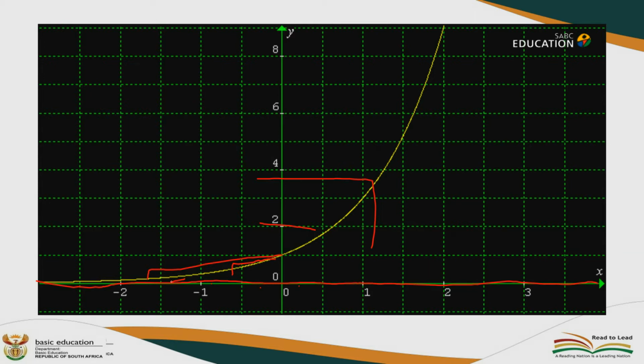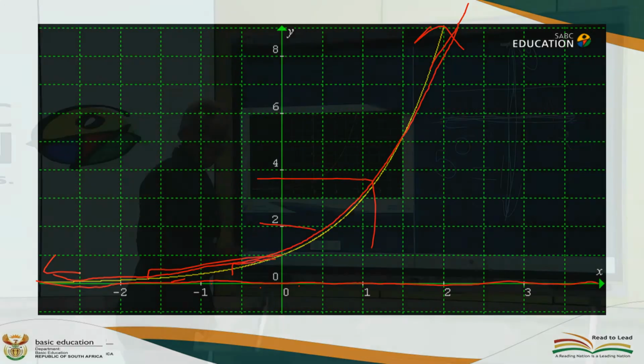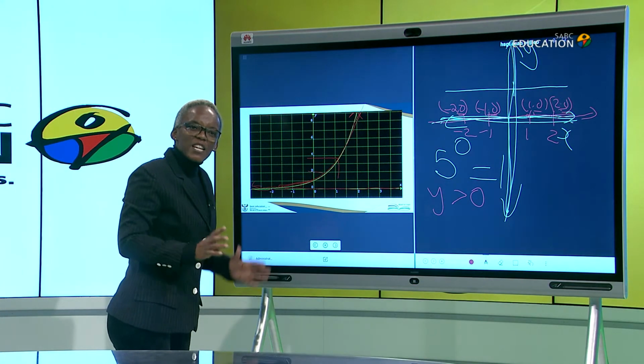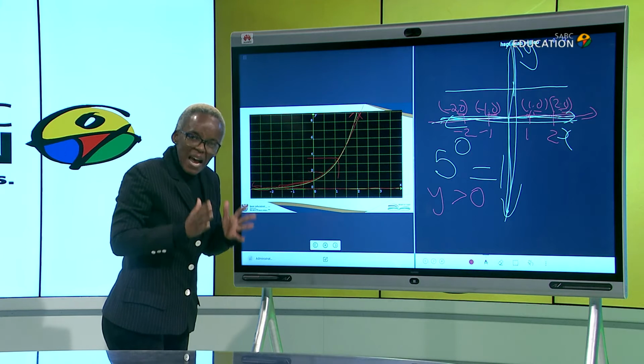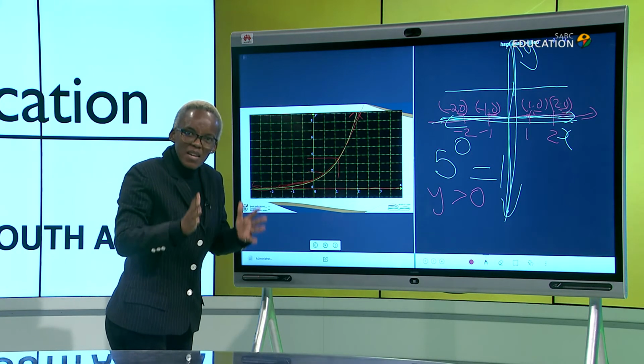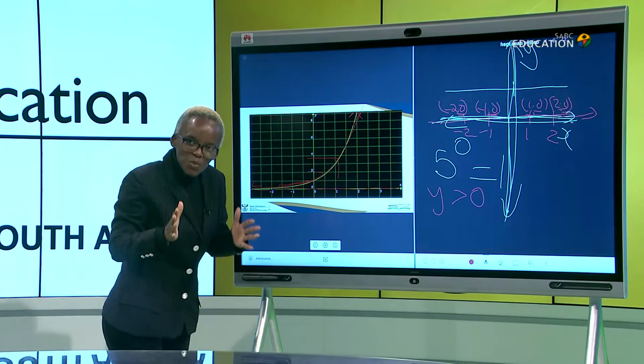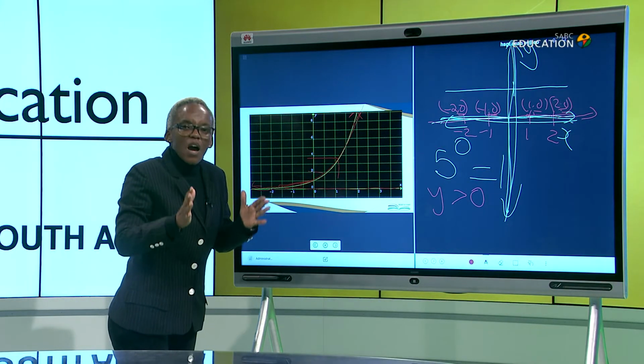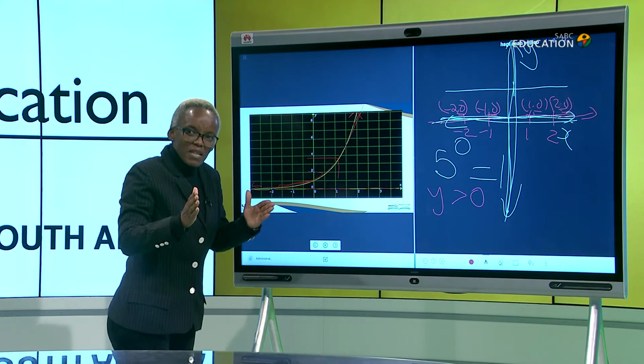And we said it's an increasing function. It increases without bound. We can see it goes up, and as it goes up, we will have arrows. So it is an increasing function. And remember, this is a curve; it doesn't turn. That is why we say the exponential graph does not have a turning point.